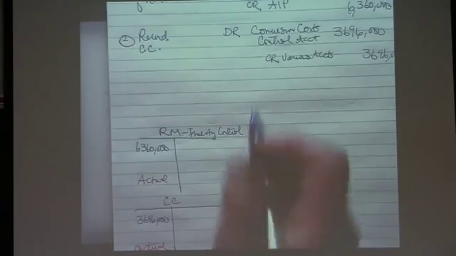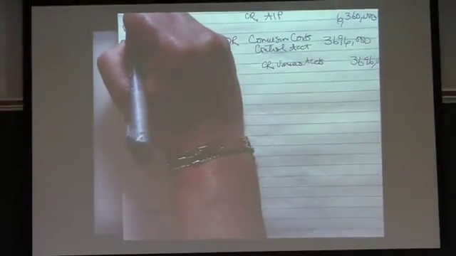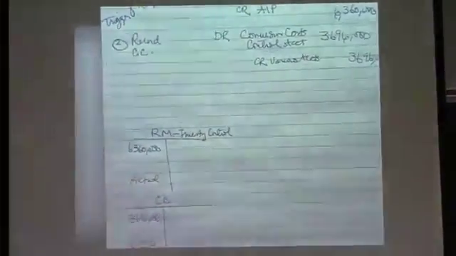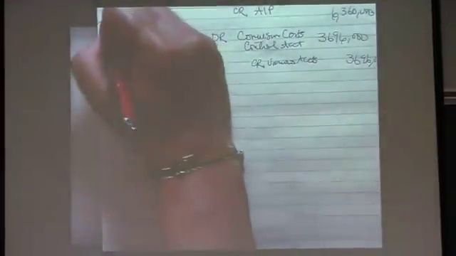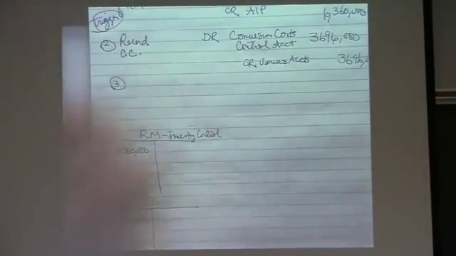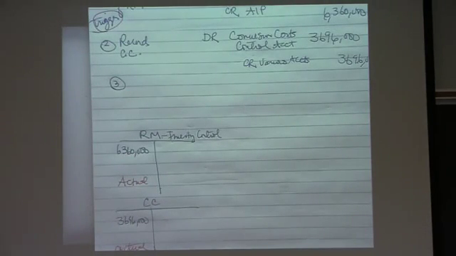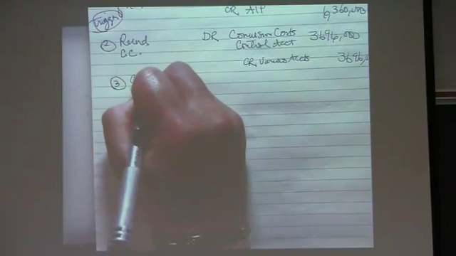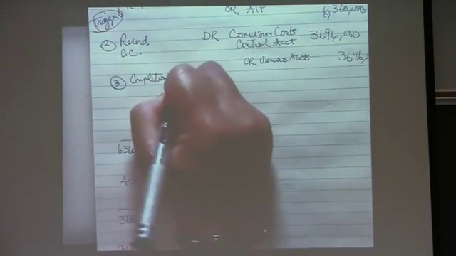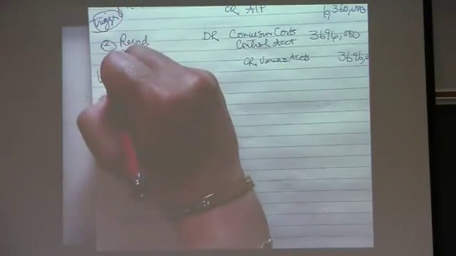Now the other trigger point. Let me circle that. The second trigger point is the completion of finished goods, right? And this is another trigger.